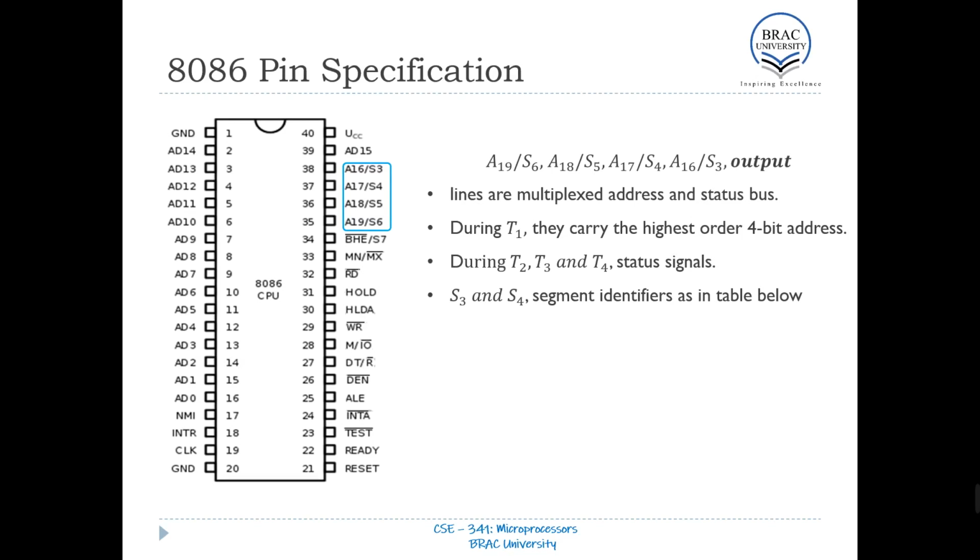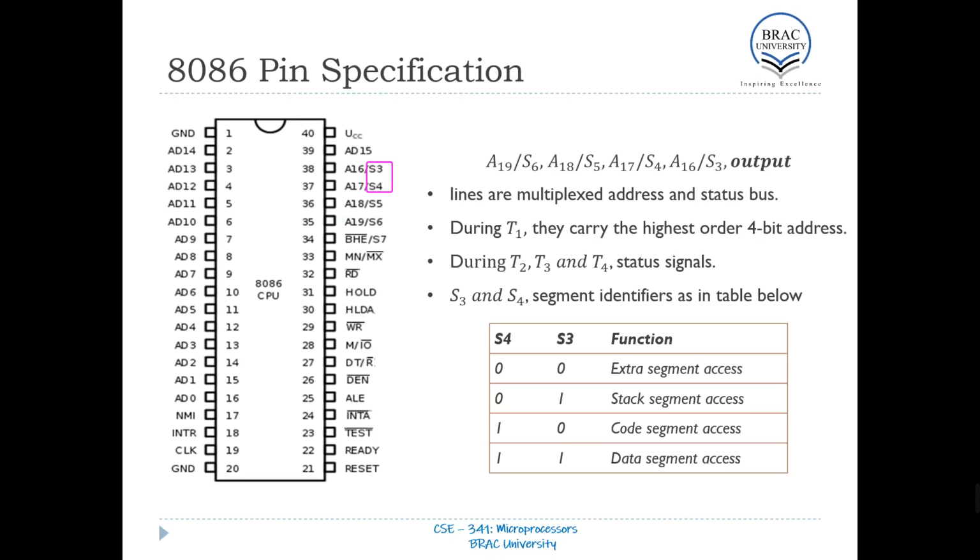Status pins S3 and S4 are known as segment identifiers. They function as follows. For example, a combination of 00 will select the extra segment. A combination of 11 would select the data segment, and so forth.